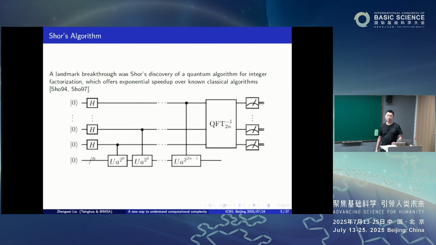You can take the constant to be 2, for example. And then you just run this multiplication based on the previous input. The previous input is just all zeros, and the Hadamard maps 0 to 0 plus 1. So that means the top half is just a superposition of all possible bit streams.